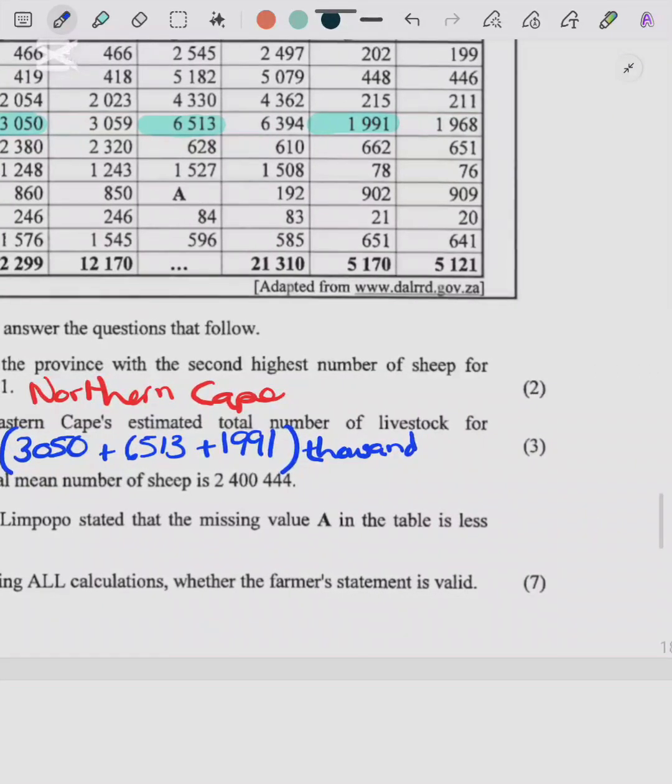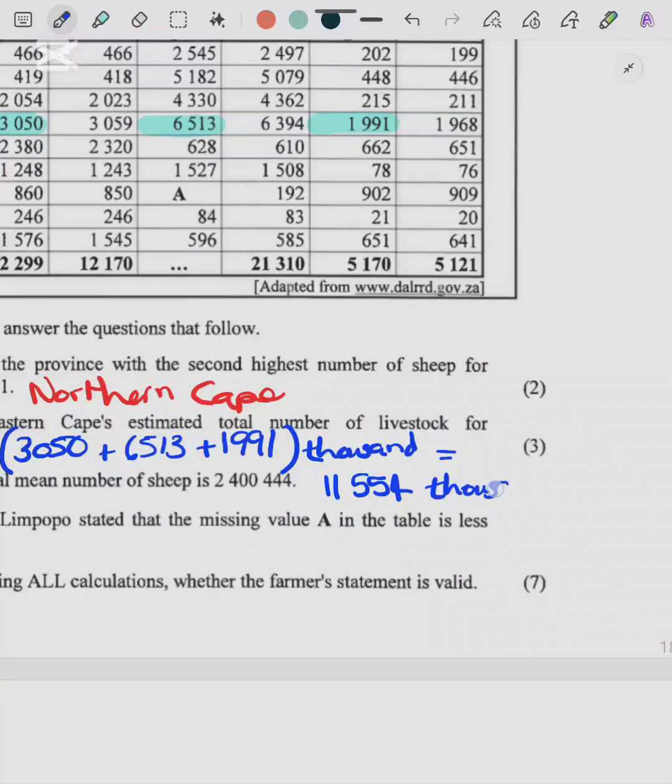And then, more importantly, when I get my final answer, and I just add that together, I'm going to get 11,554. And then again, I'm just going to say here, 1,000.